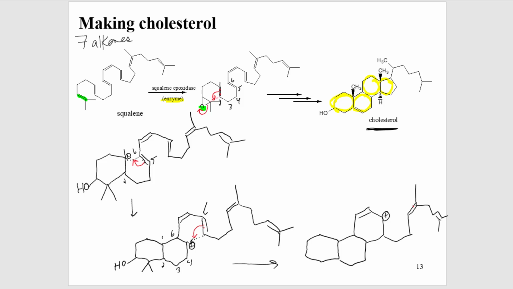But now the double bond that's nearby, when it forms, is going to form a 5-membered ring. So you can start to see how this is a precursor to many, many, many steroids because it builds the 6-6-6-5 orientation with the oxygen in that perfect position.